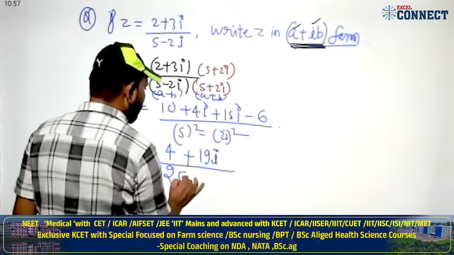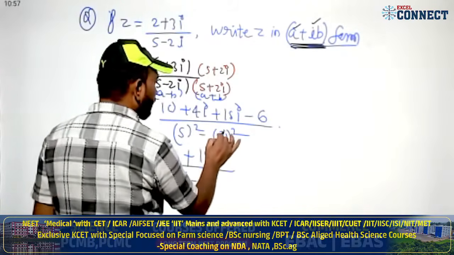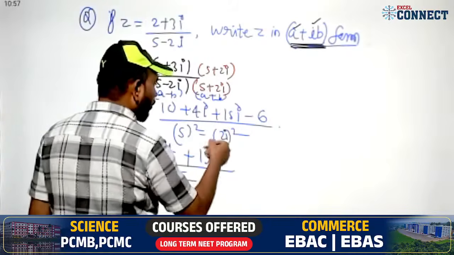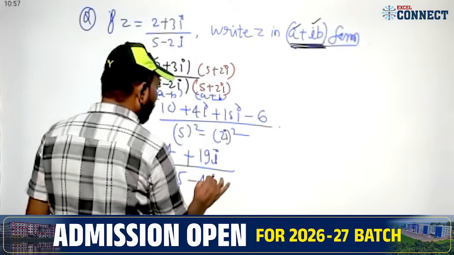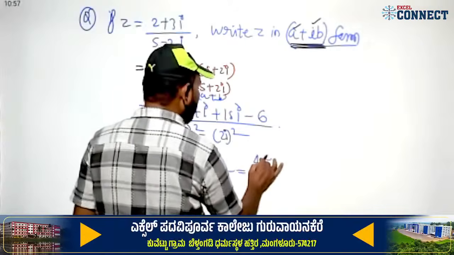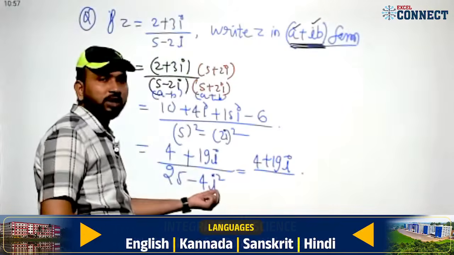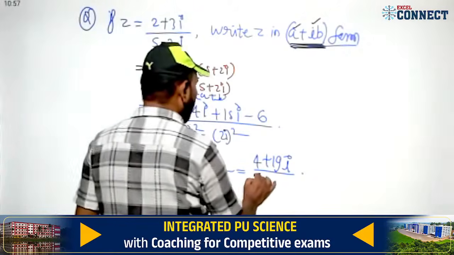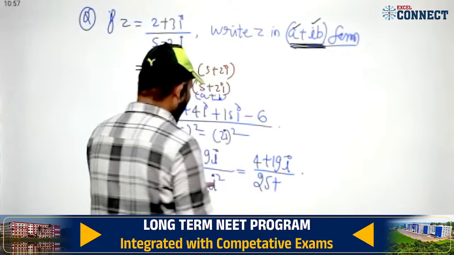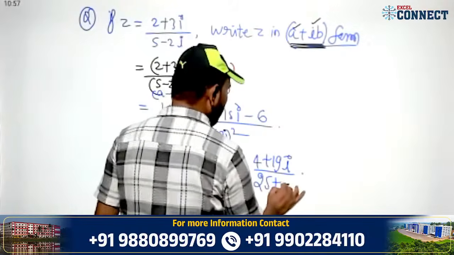And the denominator is 25 minus, what is this, it is 2 iota, it means 4 iota square. 4 iota square, with iota square meaning minus 1, means 25 plus 4.